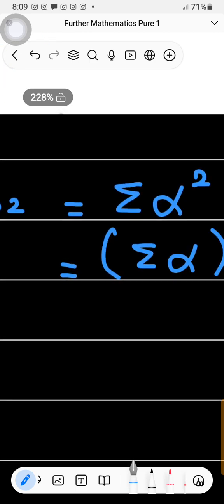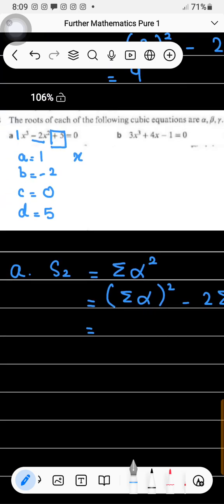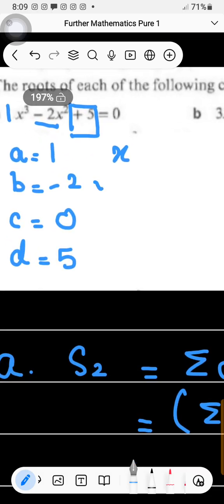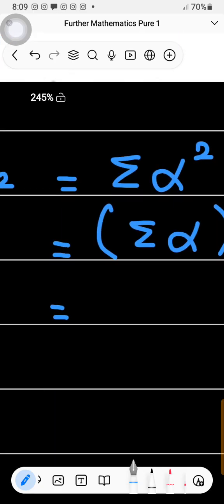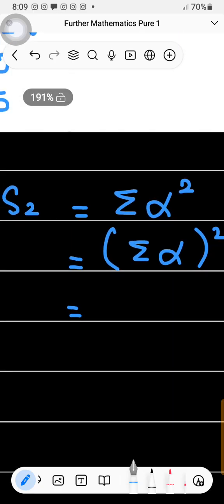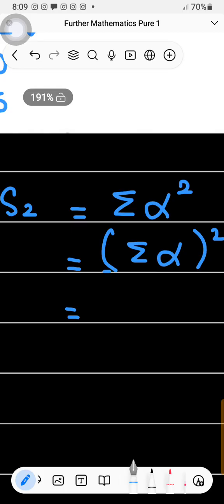Okay, so how can we find sum of alpha? We know the formula of sum of alpha as negative b upon a. So this is b and this is a. So how will we write, that's the question.